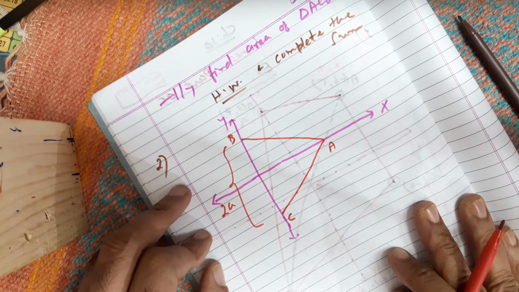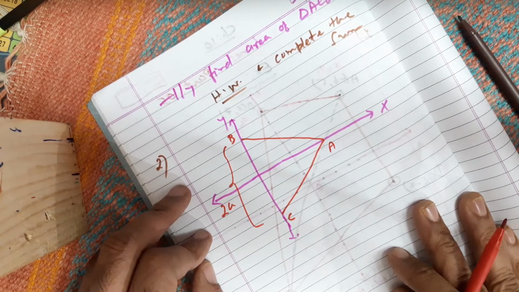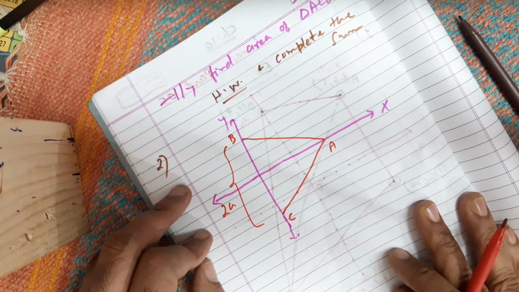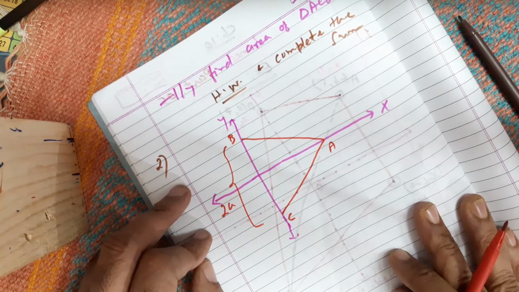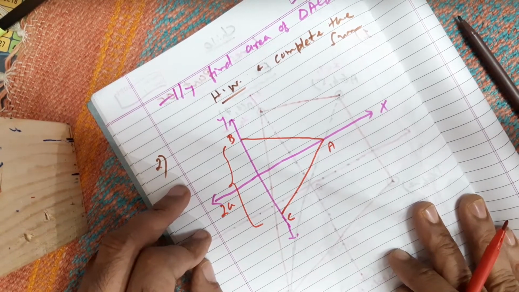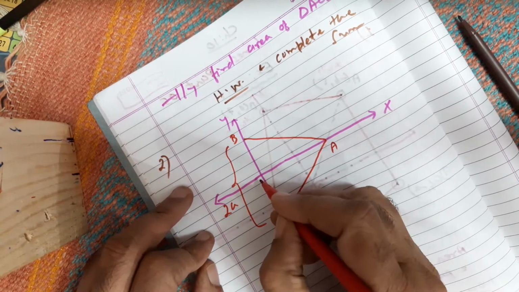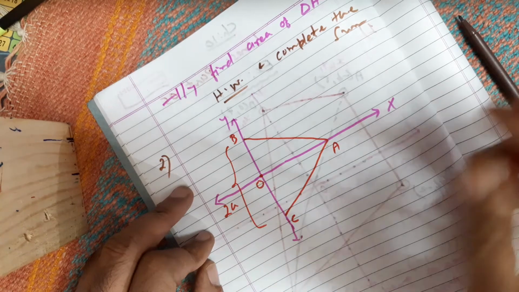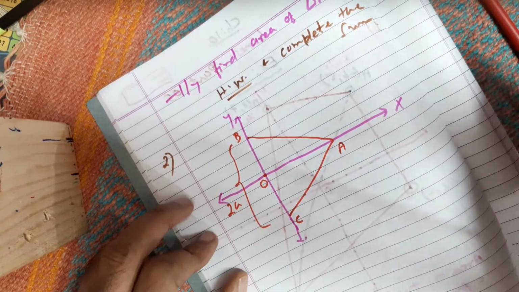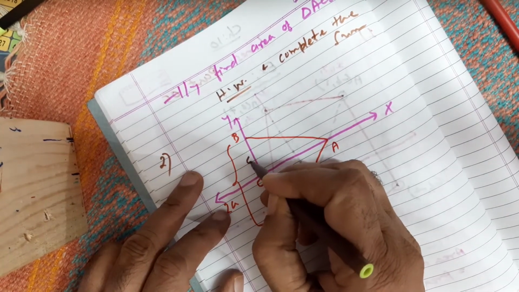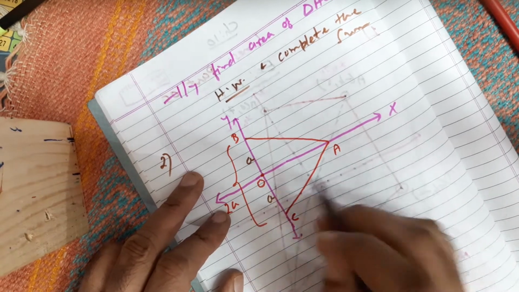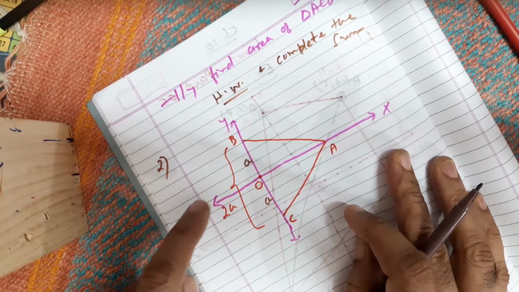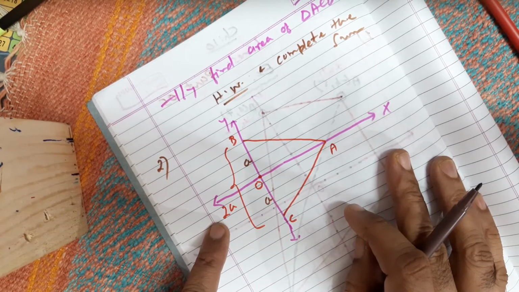And the base of an equilateral triangle with the side 2A lying along the y-axis such that the midpoint of the base is at the origin, means this is the midpoint and it is the origin, and hence this length will be A and this length will be A because it's a midpoint and the total is 2A, isn't it?